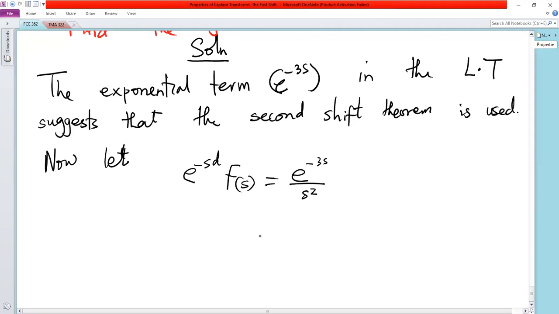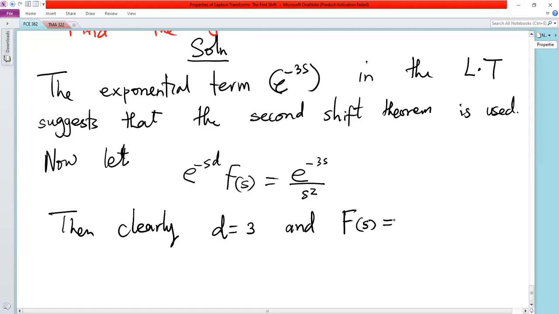So let's have that as our final solution for the transform according to the second shift property. Then clearly d is 3 and capital F of s is 1 over s squared.